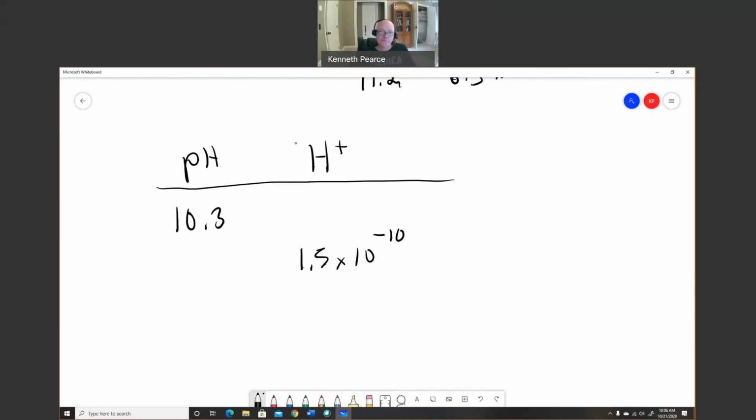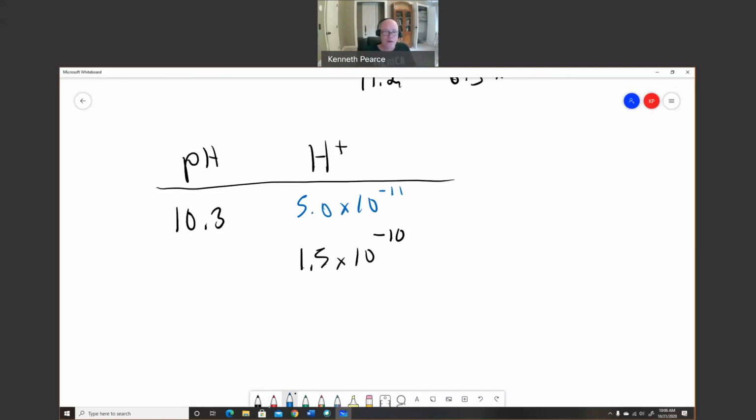What would we get? We know that going from pH to H+, I need 10 to the minus x, which we just did. So we go second 10, and we do our special minus 10.3, and I get 5.0 times 10 to the minus 11th.